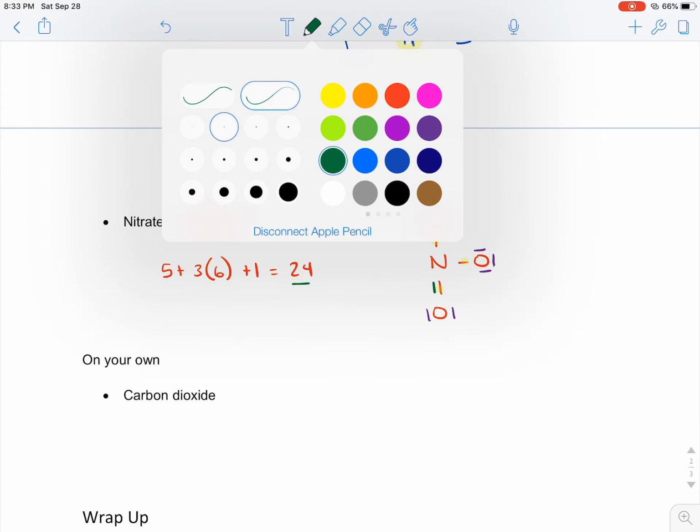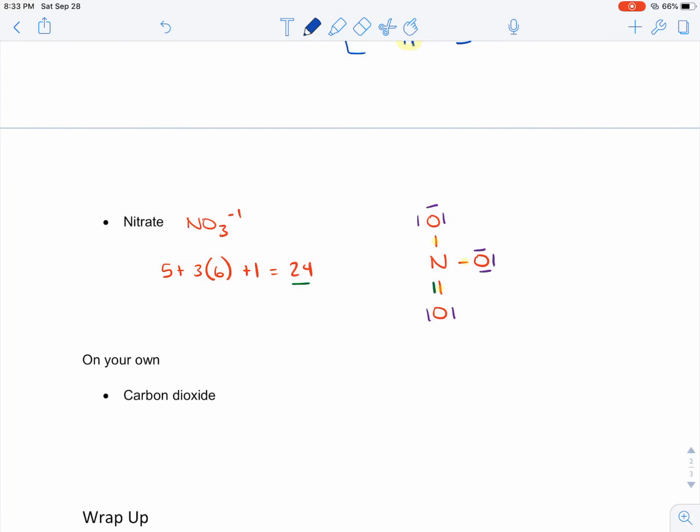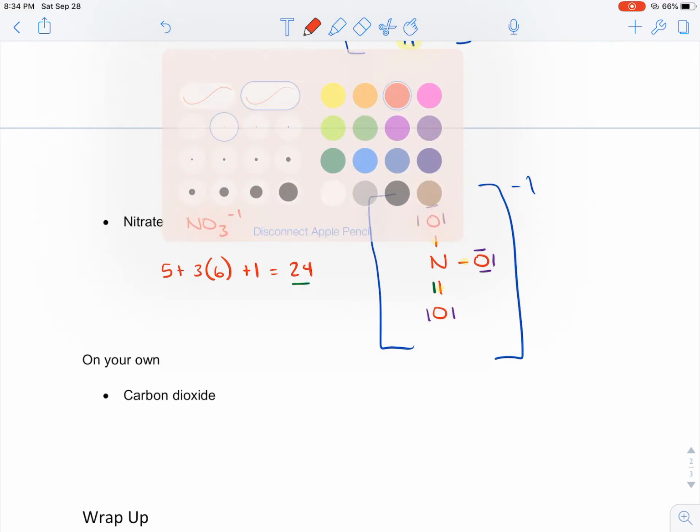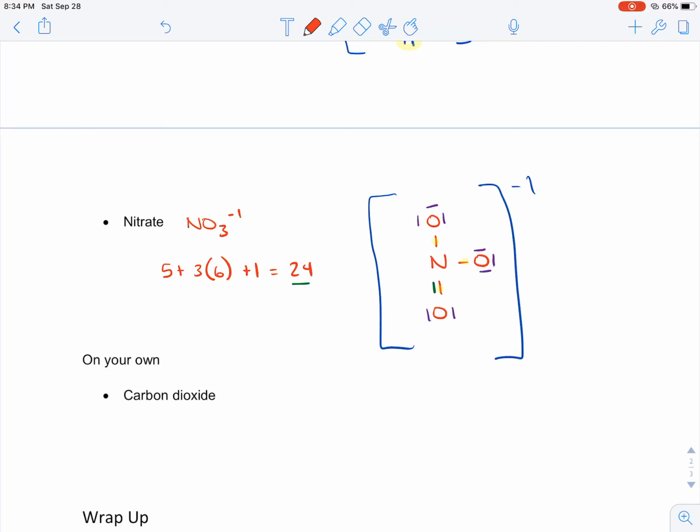We have our structure. Now there might be a small question here for you. Miss Griffith, why didn't we double bond this guy or this guy? And that's going to come up when we talk about resonance. That's in a couple of days.